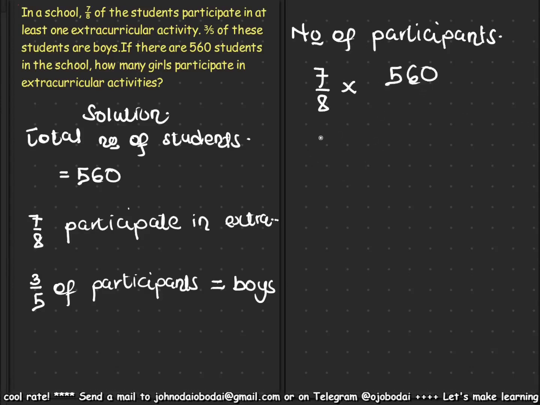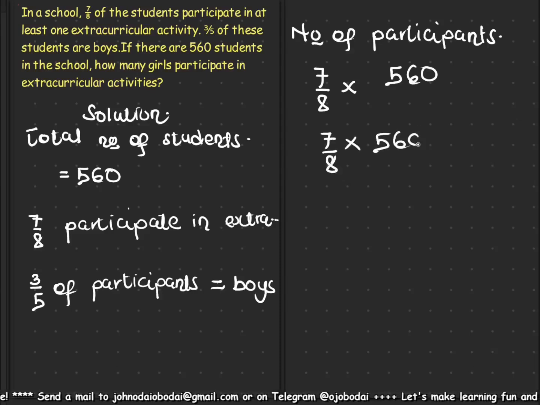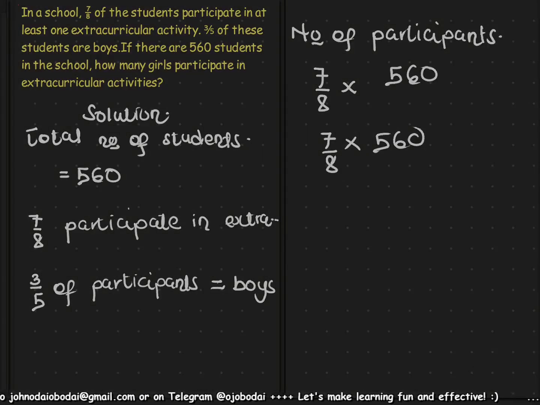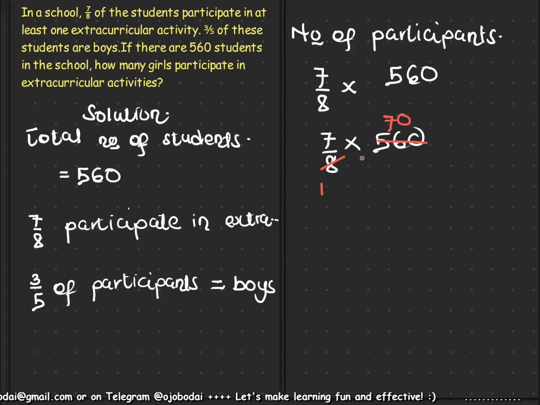So we now do our simplification. 7 over 8 times 560. We ask ourselves, 8 divides 560 how many times? That is 70. So doing our cancellation, we have 8 dividing itself once, and into 560, 70 times.